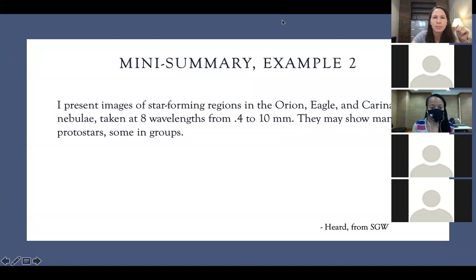Let's look at another example here. In this mini summary, we have: I present images of star-forming regions in the Orion, Eagle, and Carina nebulae taken at 8 wavelengths from 0.4 to 10 millimeters. They show many protostars, some in groups. Again, this summary is lacking in that this time star formation is mentioned, but we again ask no specific question about star formation.